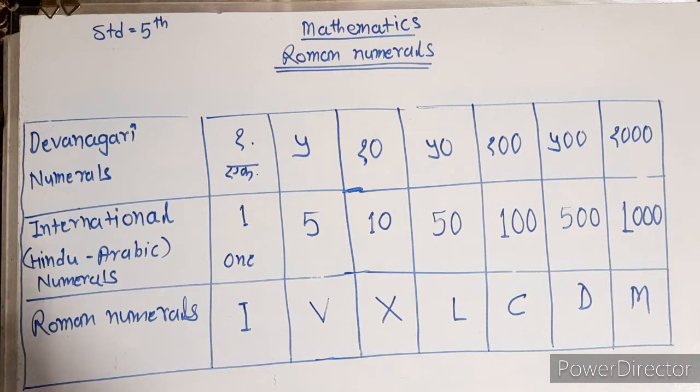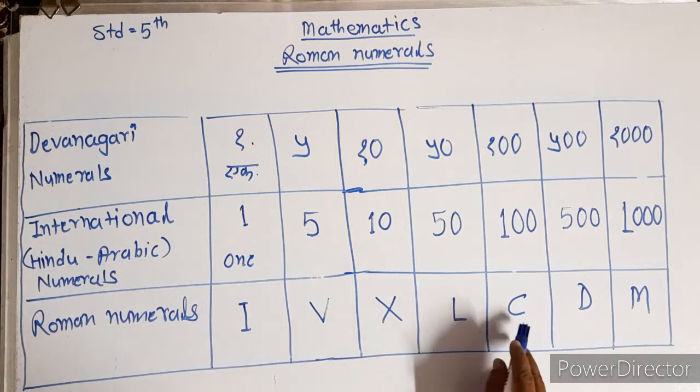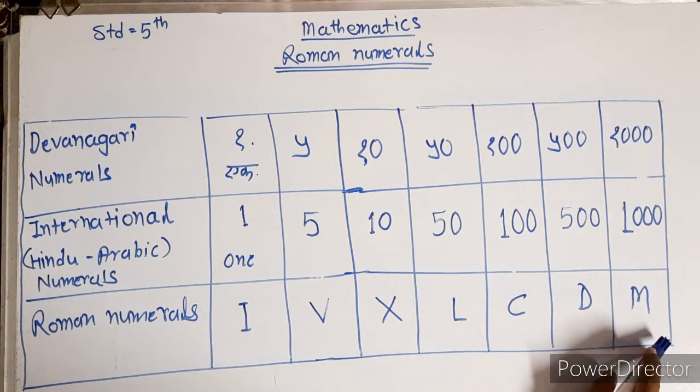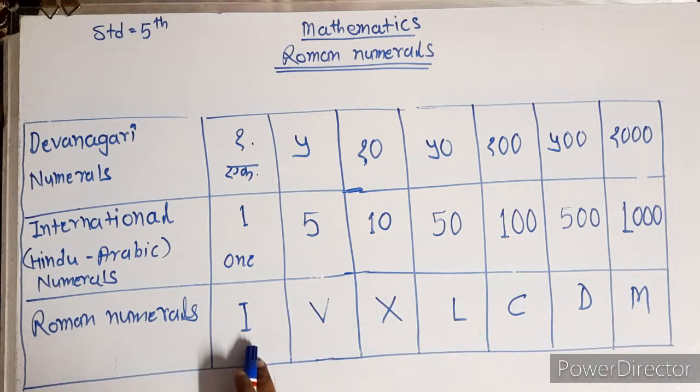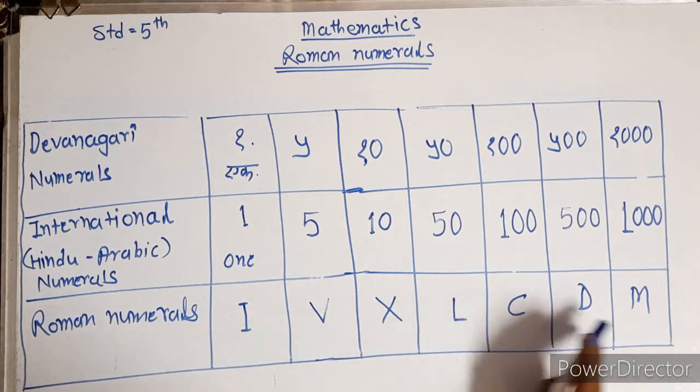But Roman numerals use 7 basic symbols. Roman numerals use 7 basic symbols.